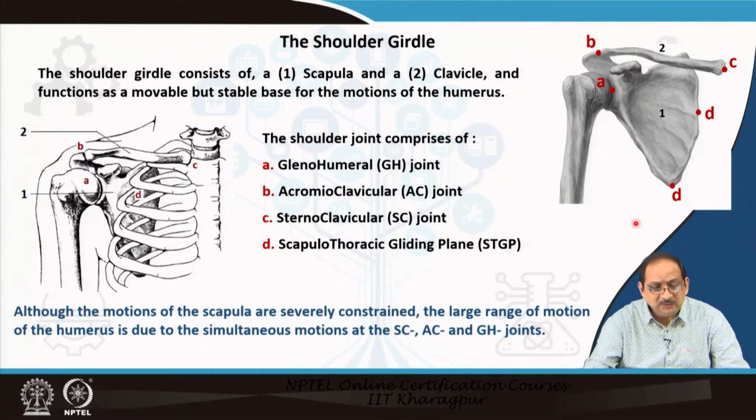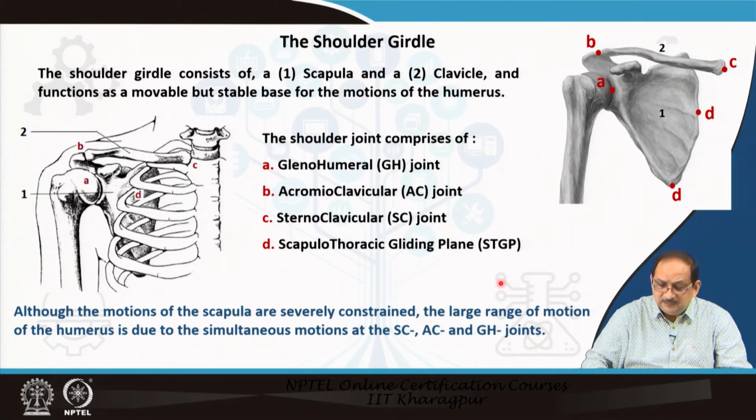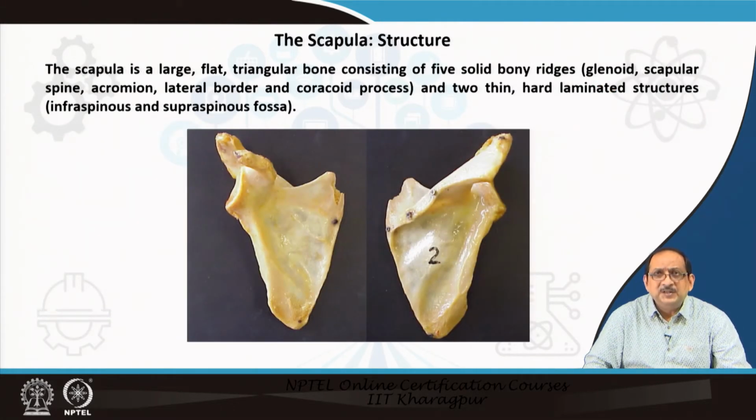Although the motions of the scapula are severely constrained, the large range of motion of the humerus is due to the simultaneous motions at the sternoclavicular, acromioclavicular and the glenohumeral joints. The structure of the scapula is quite complex.